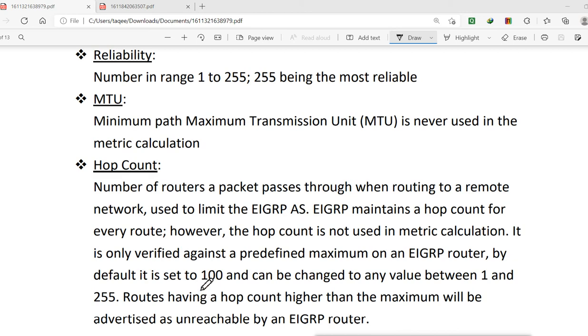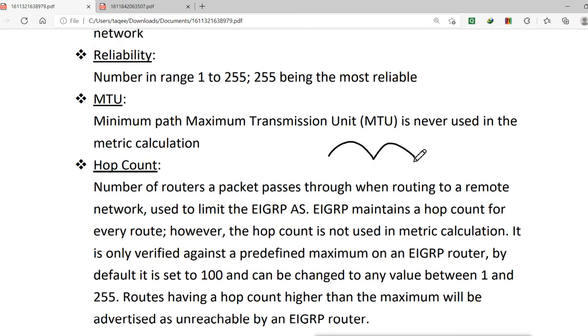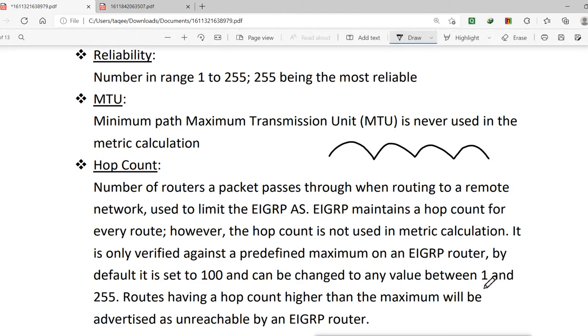Now, what does that mean? Your packet can go in a straight line by hopping through 100 routers, and this is the default limit. But we can increase the limit from 1 to 255. This limit is actually only used when you have a loop.